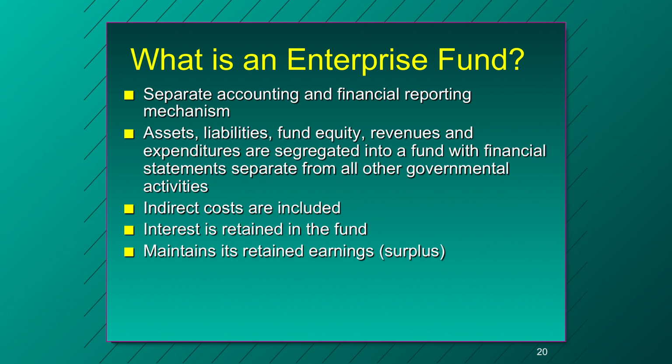So if you adopt an enterprise fund, this separates particularly your revenues and expenditures into a separate fund and keeps it outside the general fund, and no one can touch this money other than stormwater. You can include indirect costs. Interest is retained within the fund, and an enterprise fund maintains its own retained earnings, its own surplus, the theory being to reinvest that surplus into the capital infrastructure for stormwater.